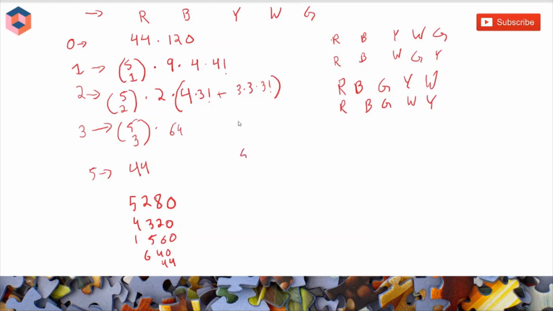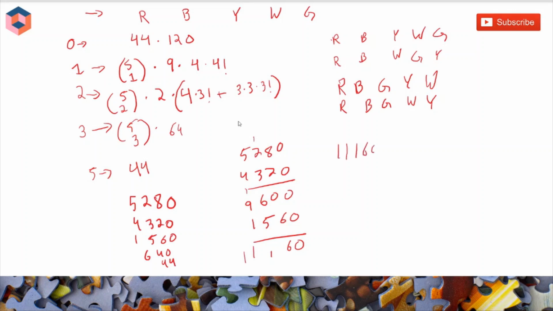So we have 5280 plus 4320, which gives us 9600. 9600 plus 1560 equals 11160 here. Adding in 640 plus 44, that's 688. So 11160 plus 688 would give us 11848.